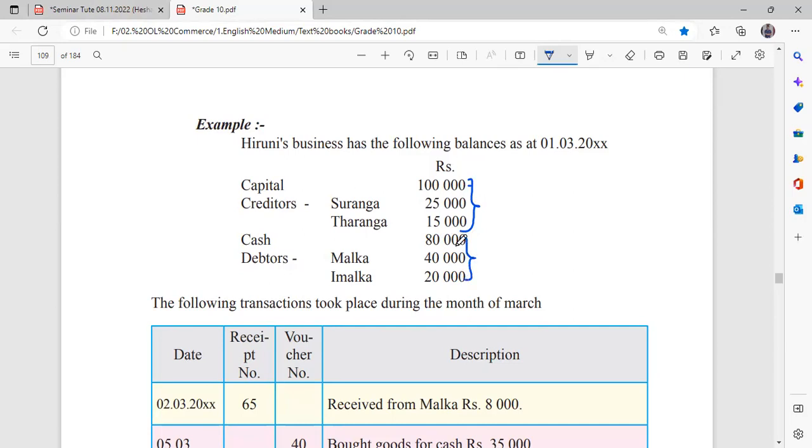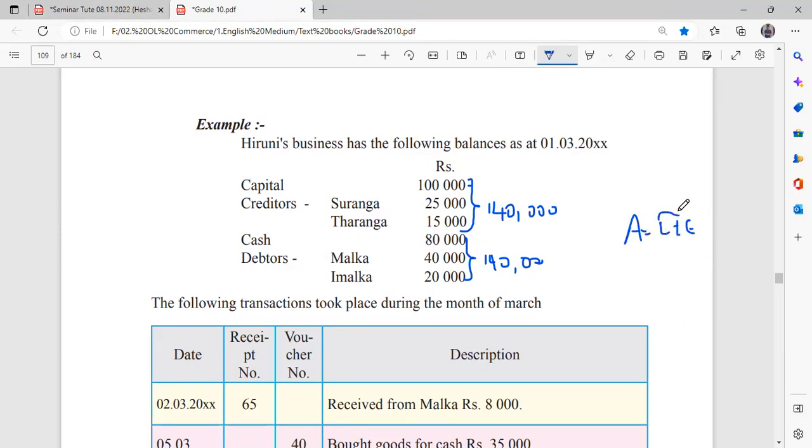All these things are assets, which means 140,000, right? Also, the total of equity and liabilities we can get as 140,000, which means assets equal liabilities plus equity.